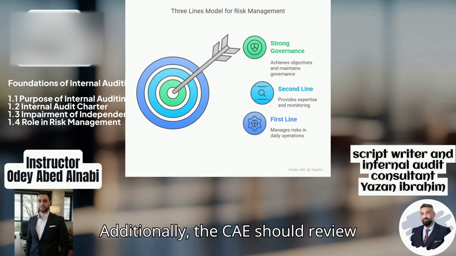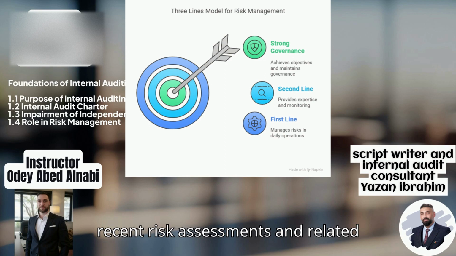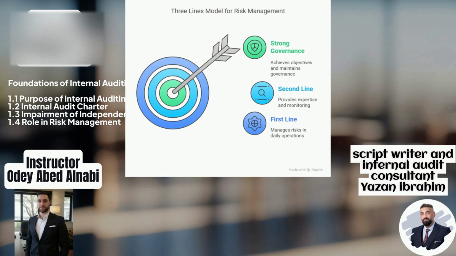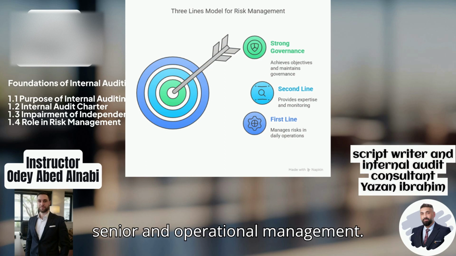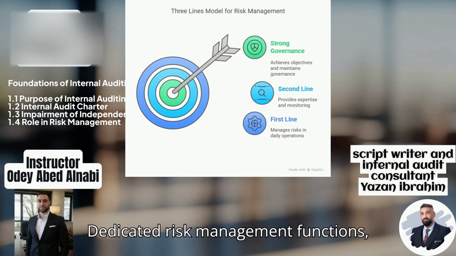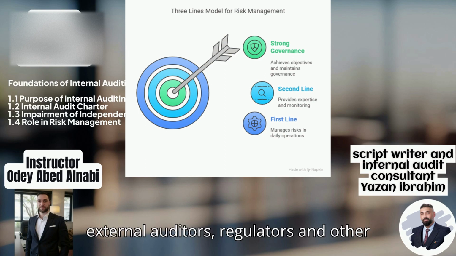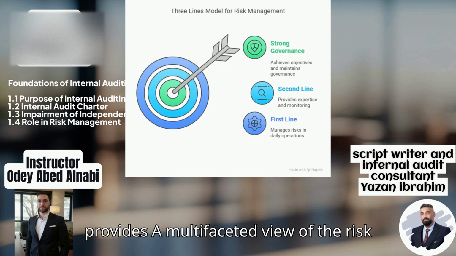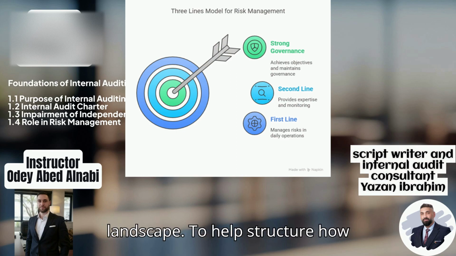Additionally, the CAE should review recent risk assessments and related communications from various sources: senior and operational management, dedicated risk management functions, external auditors, regulators, and other assurance providers. This provides a multifaceted view of the risk landscape.